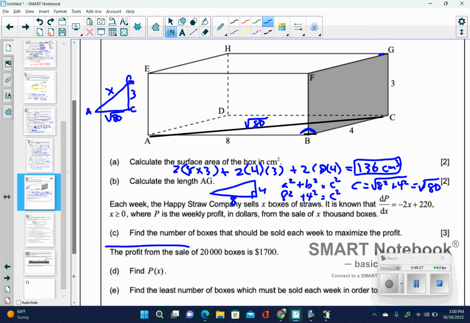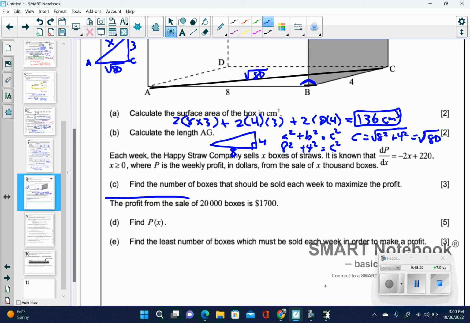Let's get a little bit more room here. So we have the Pythagorean theorem. We're going to do AC, which is the square root of 80, squared, plus 3 squared is equal to what we want, which is x squared. The square root and square cancel each other out, so that's 80 plus 3 times 3, which is 9. So 80 plus 9 is 89, and that's equal to x squared.